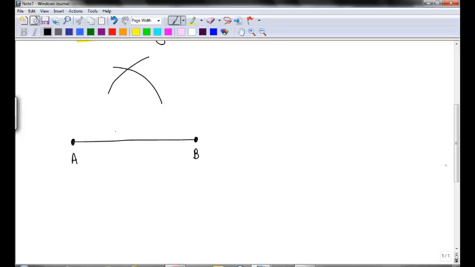Don't change your compass and do another arc down here. So it's going to draw the arc here. Put your point of your compass on B and draw another arc here. So it's going to show up like that.